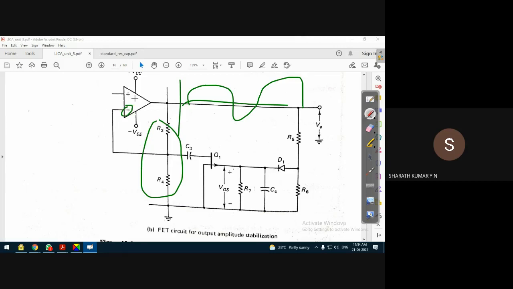Another method is to make use of this FET, field effect transistor, and the output voltage is fed as an input voltage to the field effect transistor through resistor R5 and diode D1.